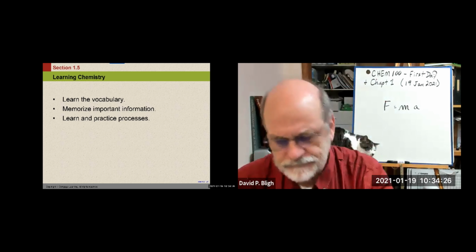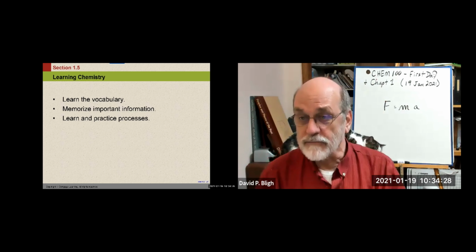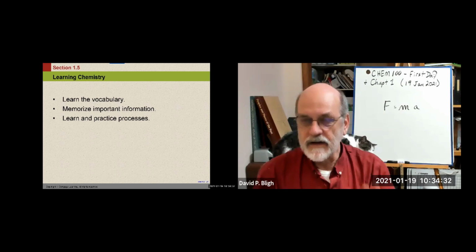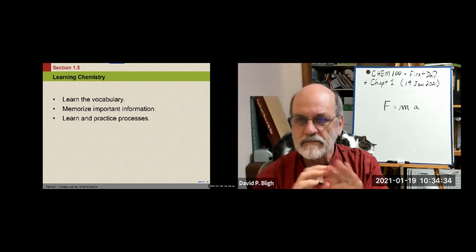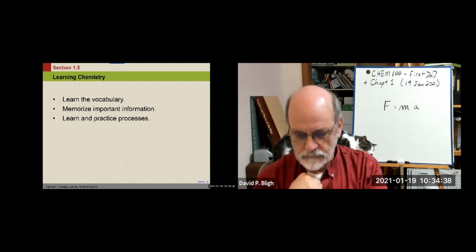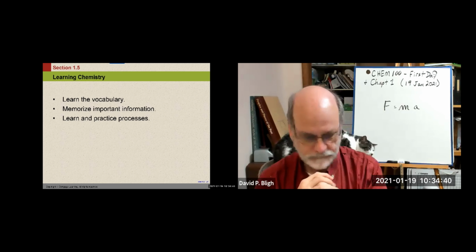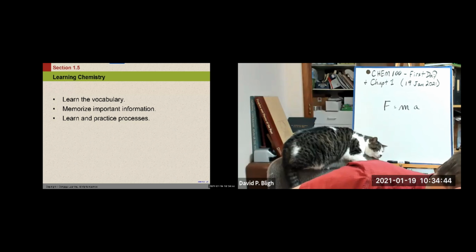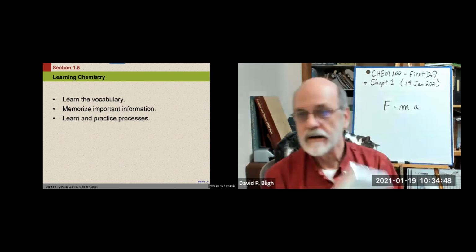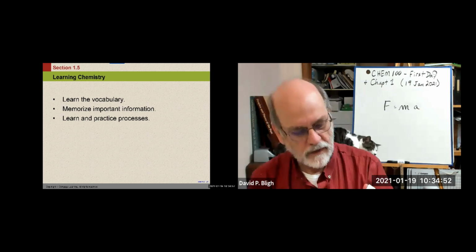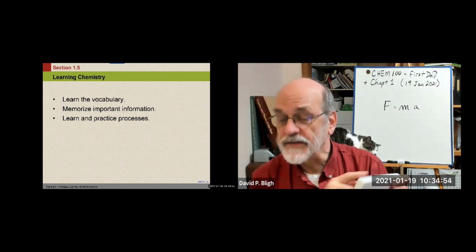I have students that go out and find flashcards on the internet and buy the flashcards. They've got the symbol on one side, the name on the other, and they just flash them until they've memorized them. I would prefer to get a deck of index cards and go through, write the symbol on one side, write the name on the other.